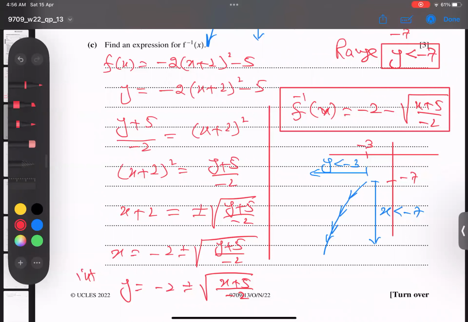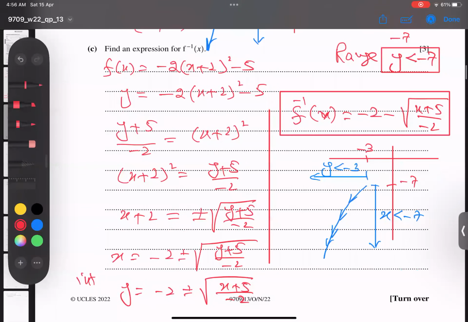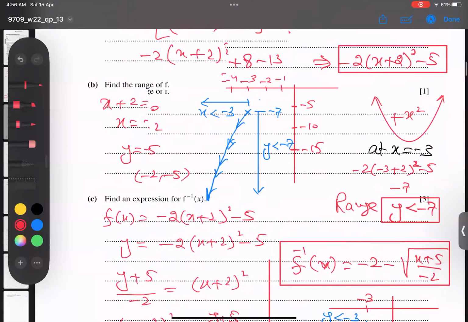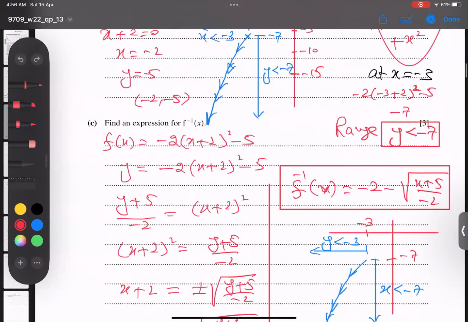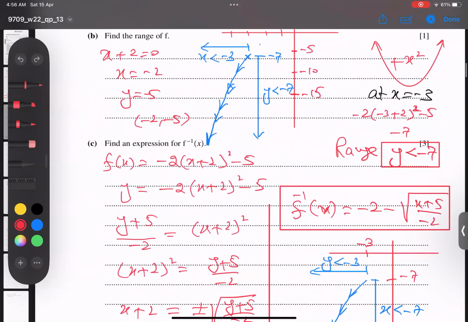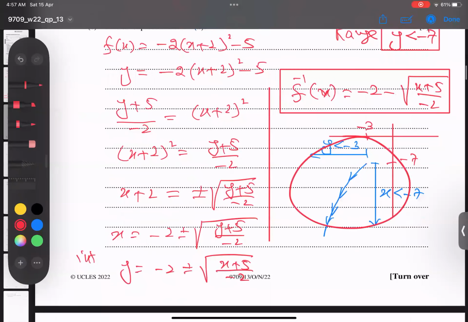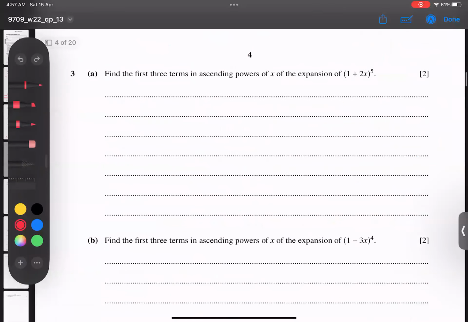And this is my final answer. I hope you got the point. Sometimes, if the given is less than, it is not always, but it depends upon the question diagram. So I suggest you must draw the function diagram. It will help you understand the inverse concept. Okay, let's go for the next question.